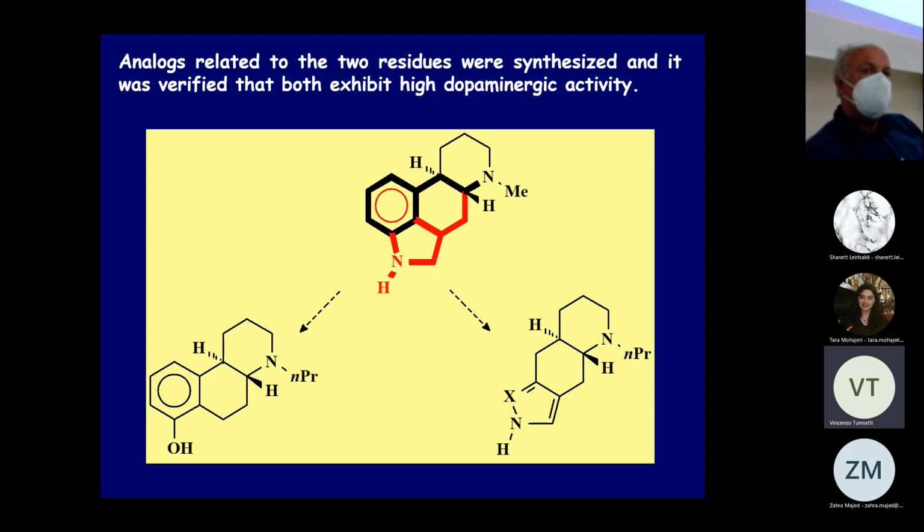These 2 different compounds were synthesized, and the scientists found that both were active as dopaminergic agonists. So we cannot say if the dopaminergic activity is related to only one or to both parts of the molecule.